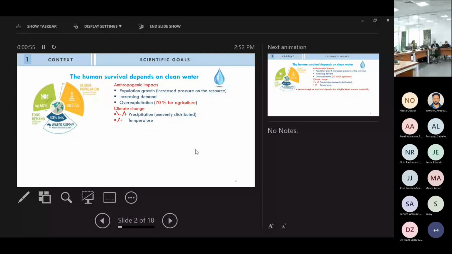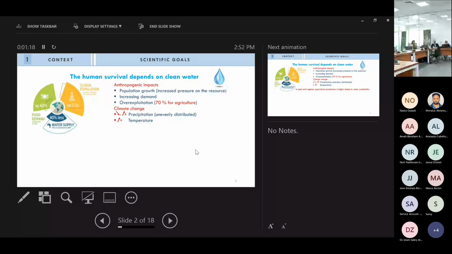Also, there is the impact of climate change, the distribution of precipitation, and the increase of temperature. This is a major problem for semi-arid and arid areas, and it will continue to progress if no adaptive action is taken.